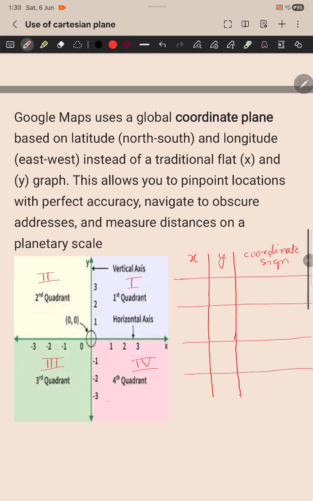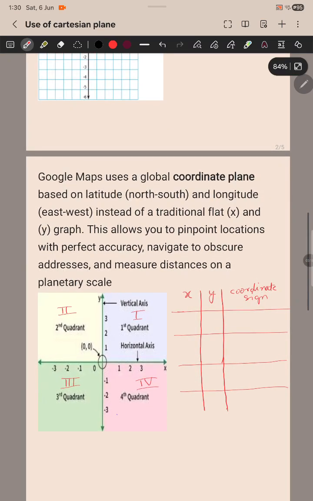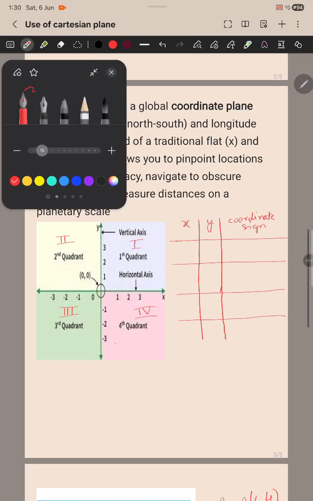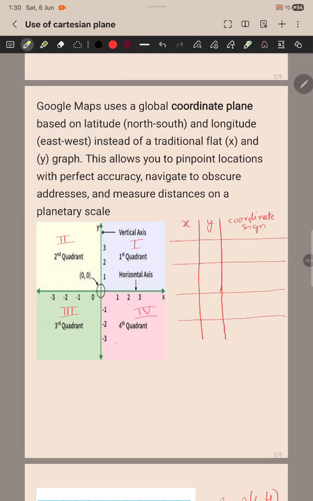See, so how will we come to know what the sign of the coordinate should be on the basis of your xy positions? We will divide the plane into 2 parts. The upper part is called top.